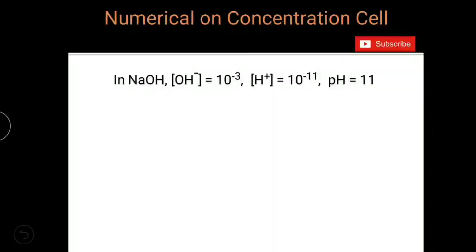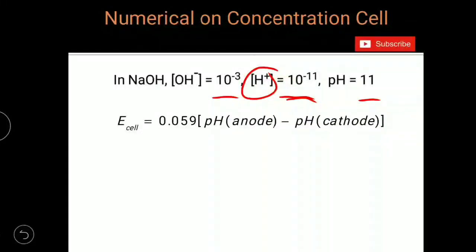So OH minus concentration is 10 power minus 3, that's why H plus concentration should be 10 power minus 11. Then what will be the pH? Negative logarithm of H plus concentration. So negative logarithm of 10 power minus 11 is 11. So pH of that cathode, pH of NaOH solution is 11.